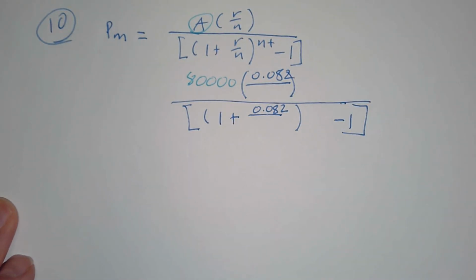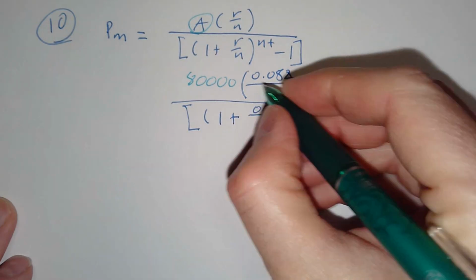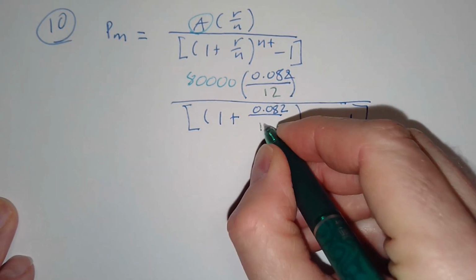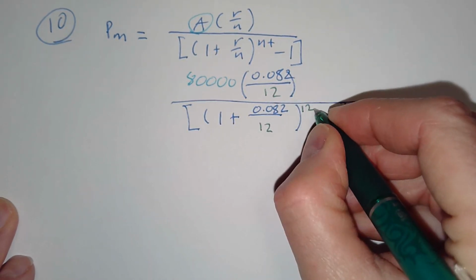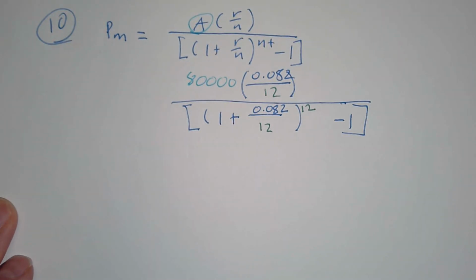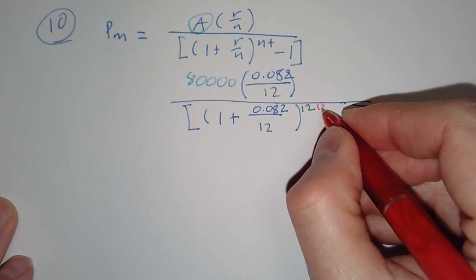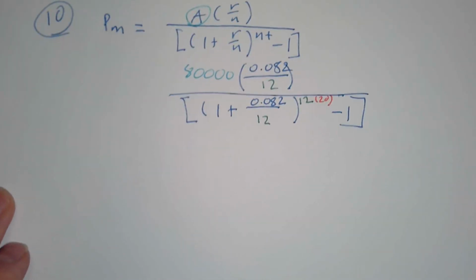And we're doing it monthly, so N here would be 12. And so we're doing this for 20 years. So T would be 20.